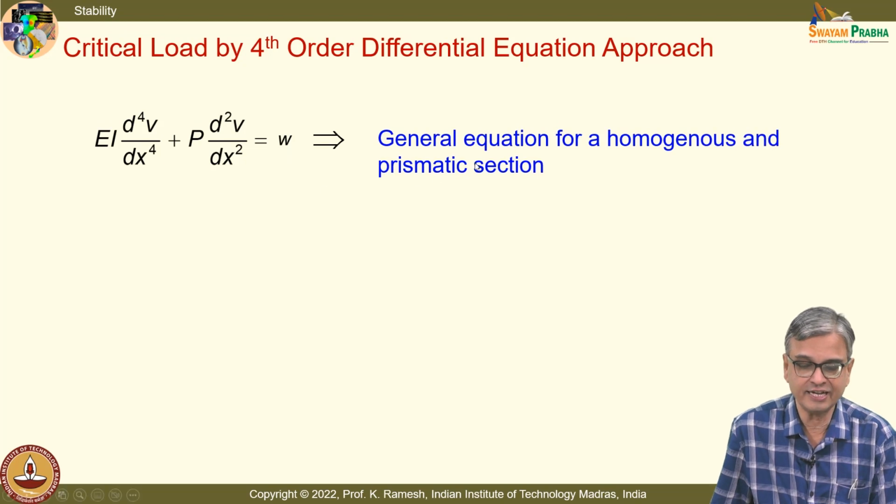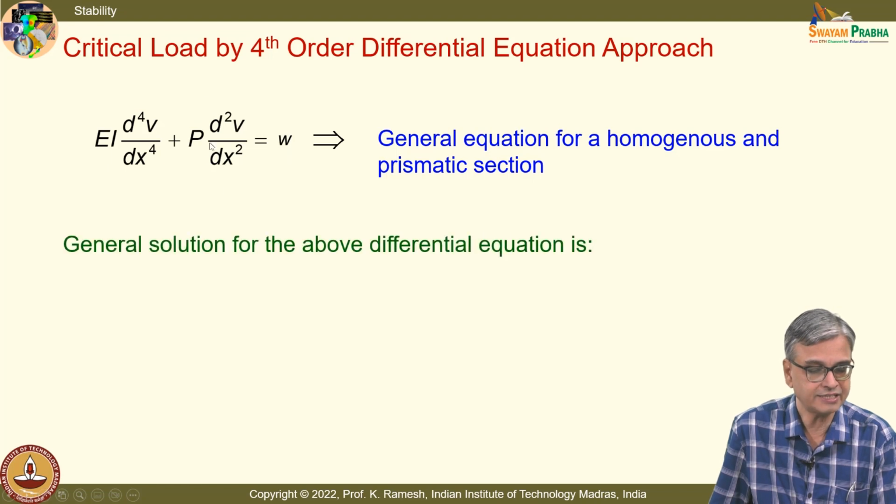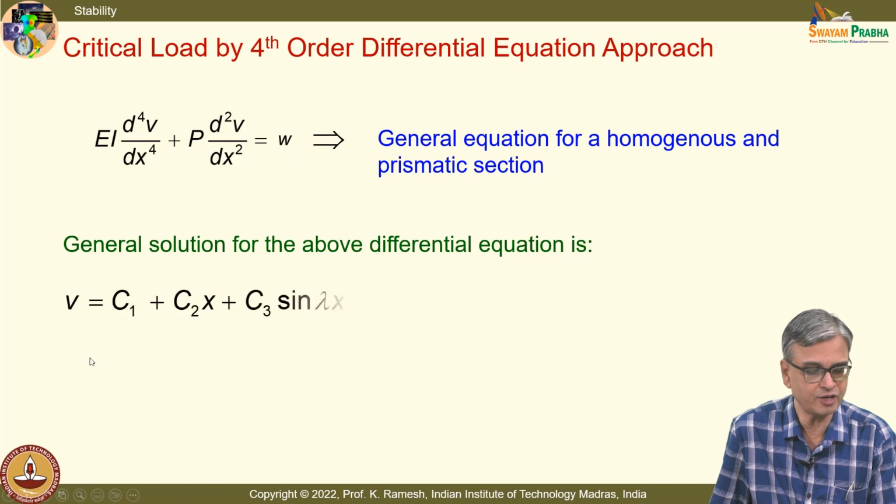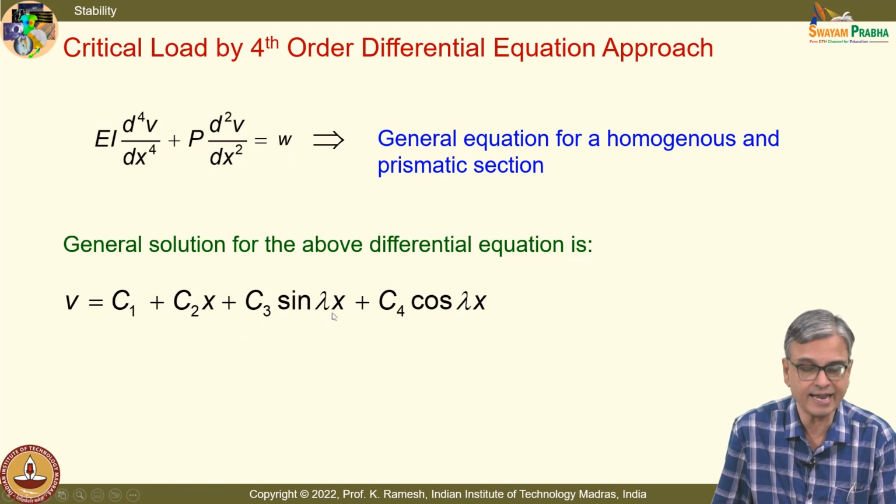So, it is a general equation for a homogeneous and prismatic section. That means I have one material and the cross section does not change. And the general solution for this is in this form, the deflection V equal to C1 plus C2 x plus C3 sin lambda x plus C4 cos lambda x.